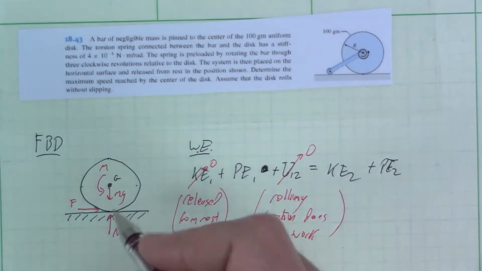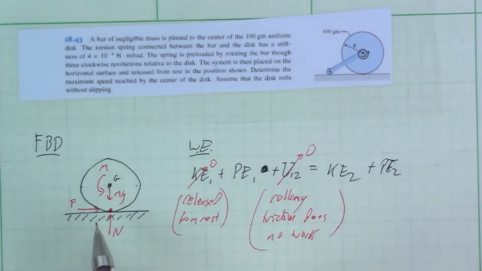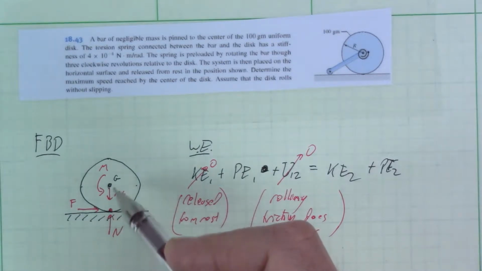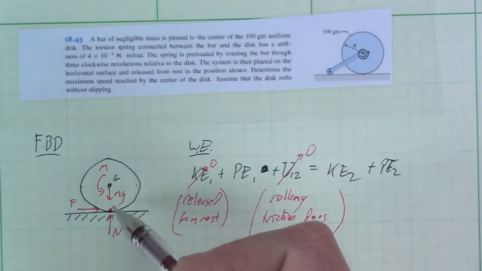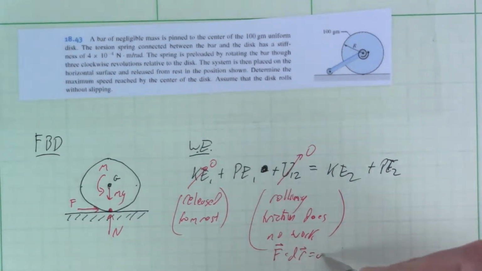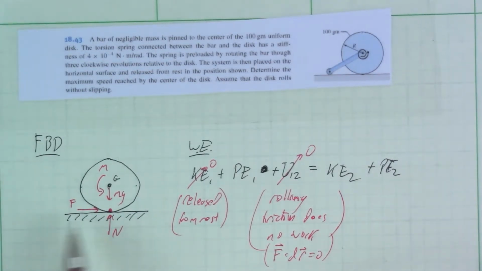The reason is that the contact point where the friction is applied only moves upward. So the dr associated with that term, F dot dr, equals 0. The force is horizontal, the dr is upward, so the dot product between the two is 0.